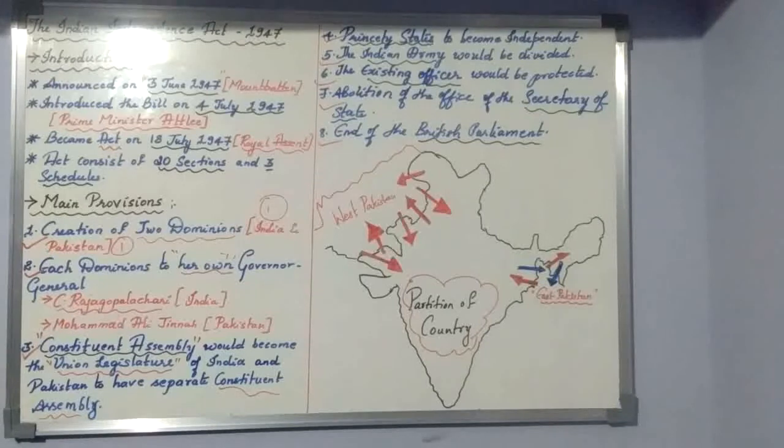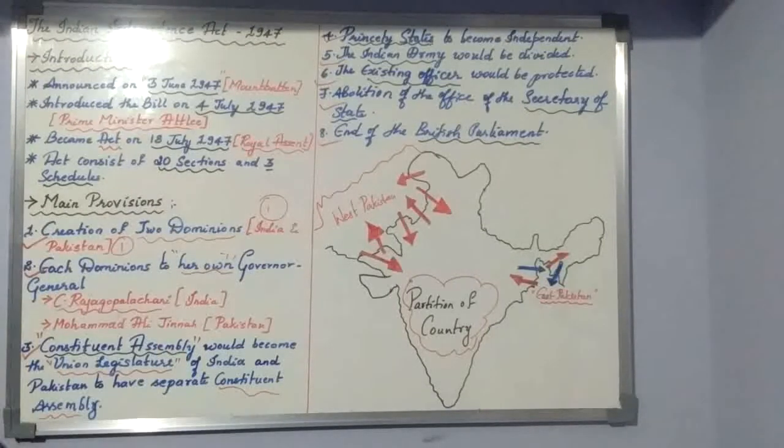From 1947 onwards, the British government will not exist in India. Their way of rule and jurisdiction, everything between the government and the Indian rulers, will be completely closed up, and no more British Parliament or British government rule will be there in India.